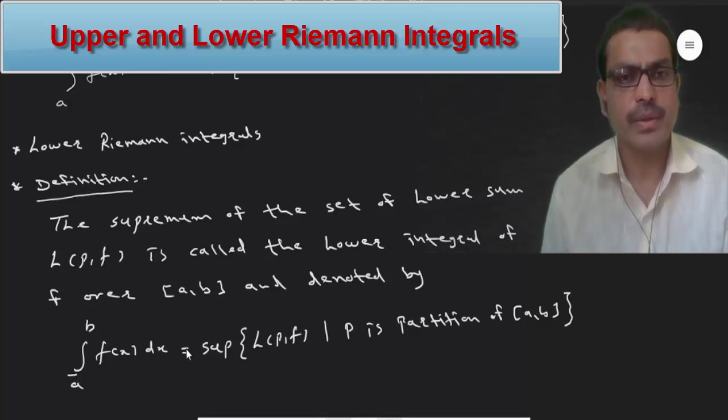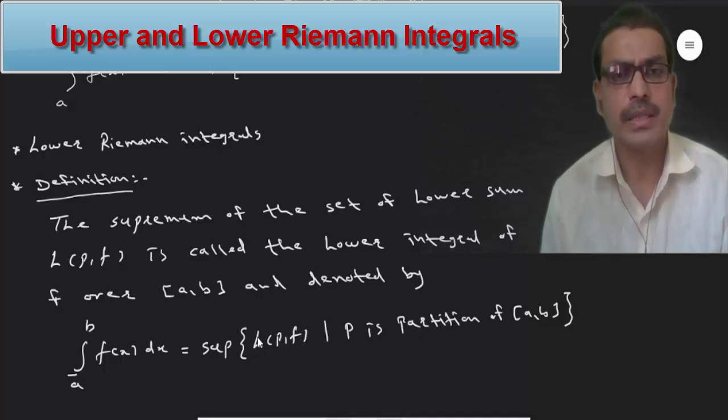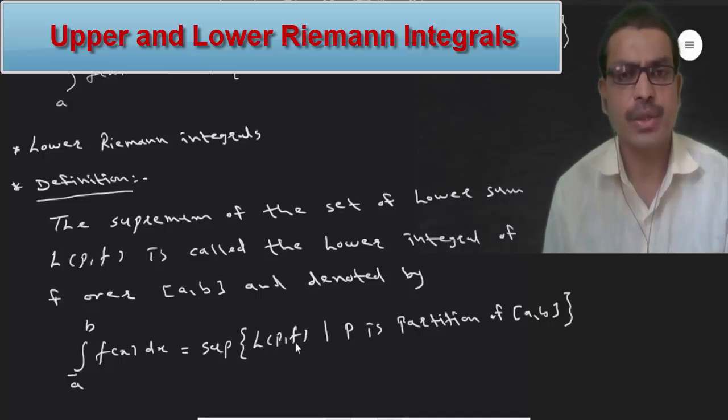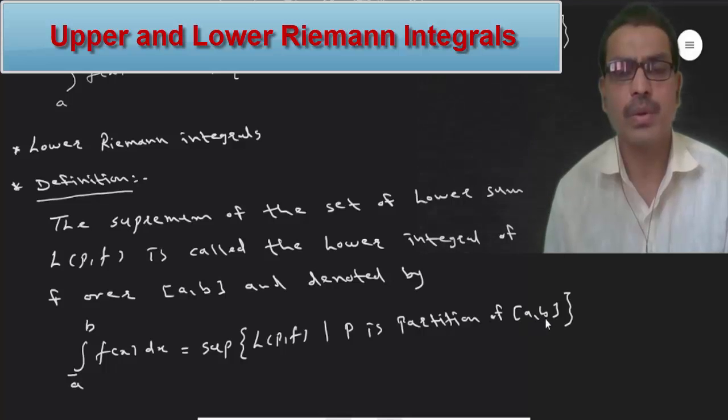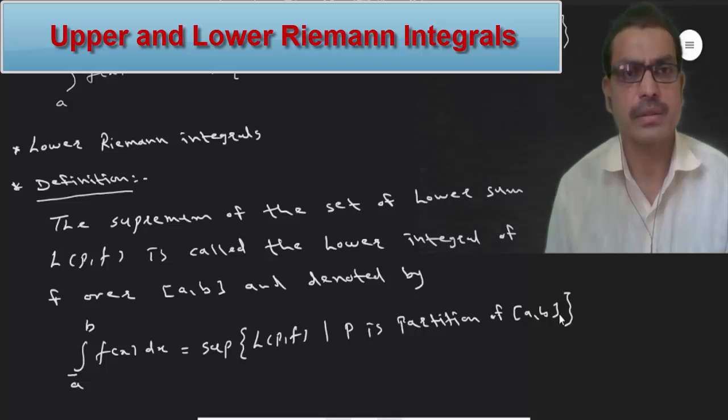It is equal to the supremum of the set of the lower sums, denoted by L(P, f), where P is a partition. Therefore it is the supremum of the set of lower sums such that P is a partition of the closed interval [a, b]. This is the definition of the lower Riemann integral.